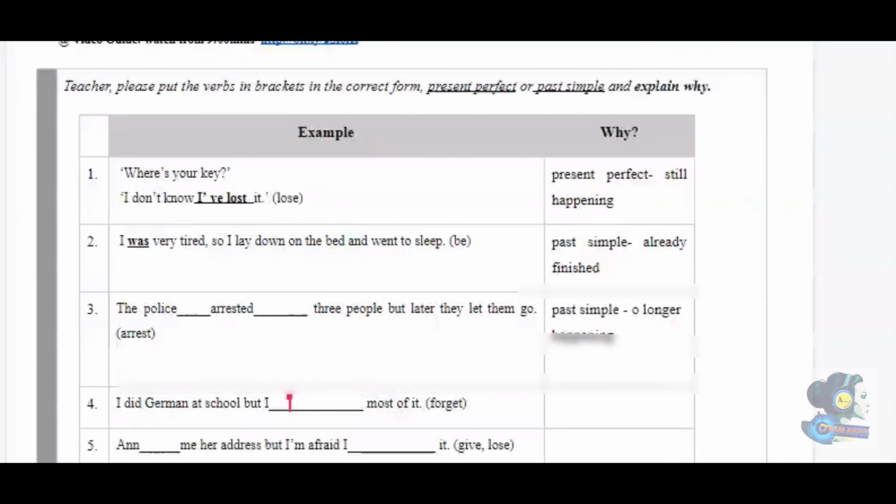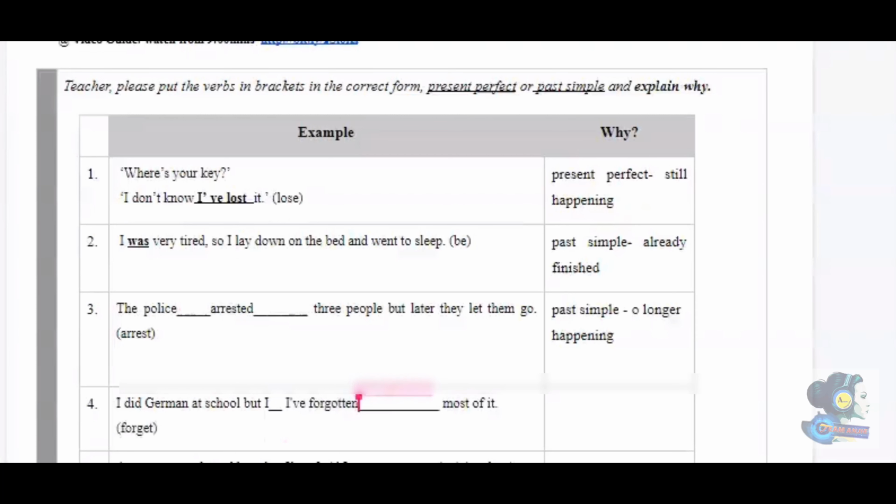Do you know what the correct form of the verb is here on number four? Have forgotten. Very good. I've forgotten. Yeah, that's correct. I did German at school, but I've forgotten most of it. So this now is in present perfect.